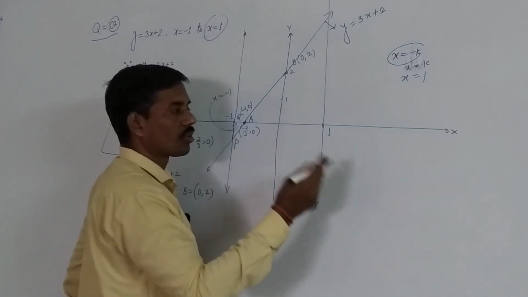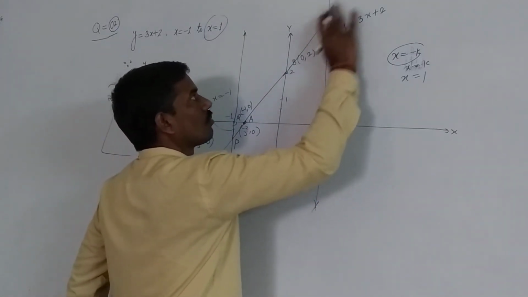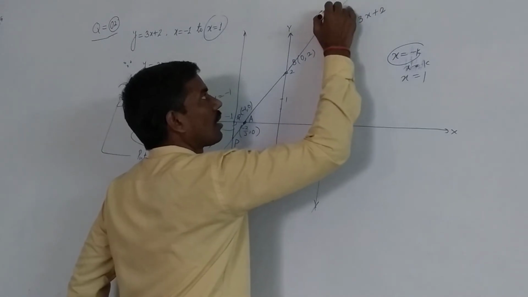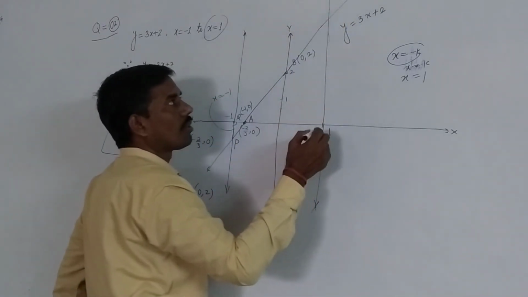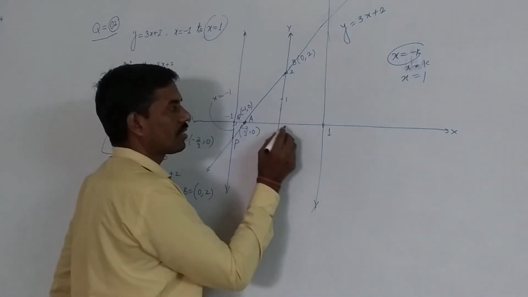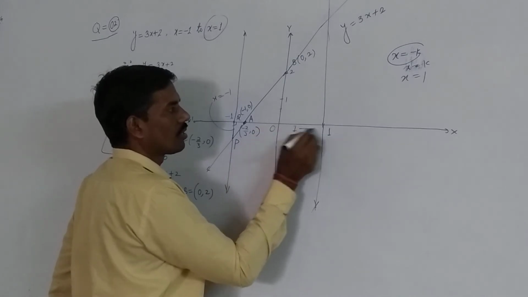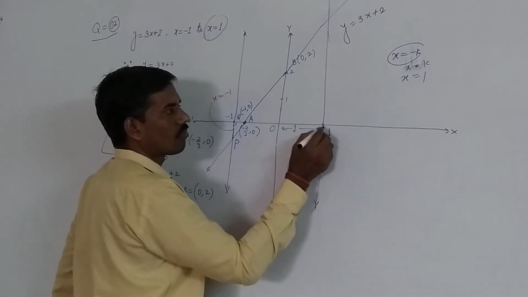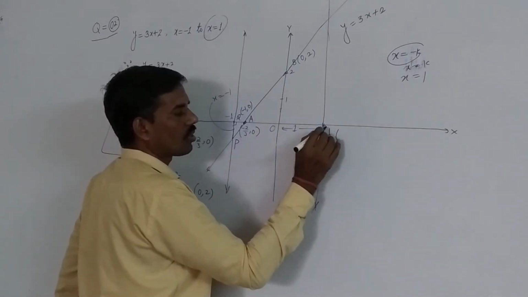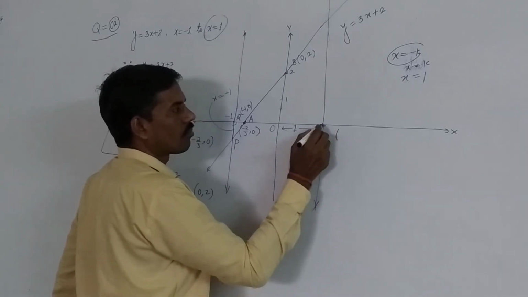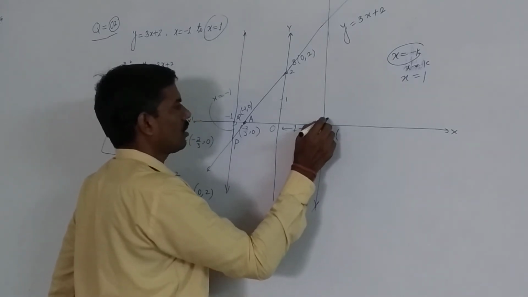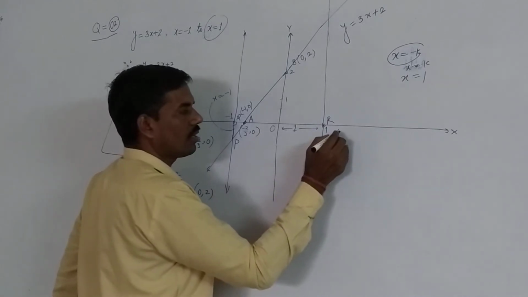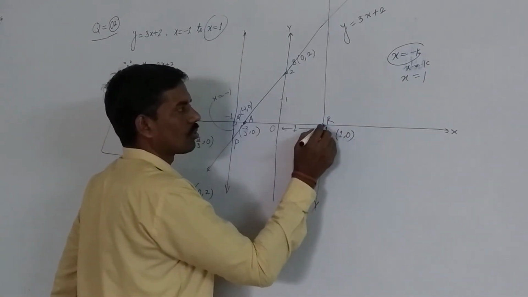So the coordinates of point R are 1 and 0.